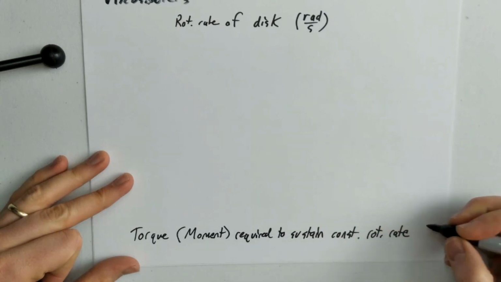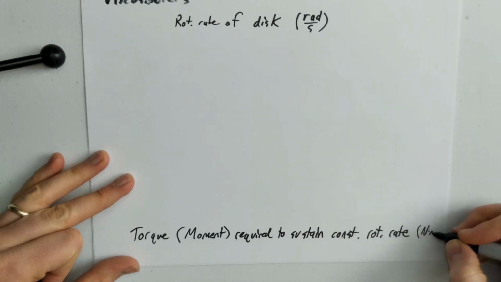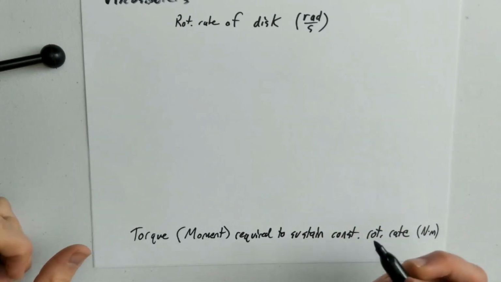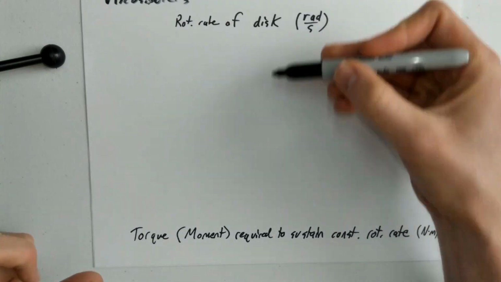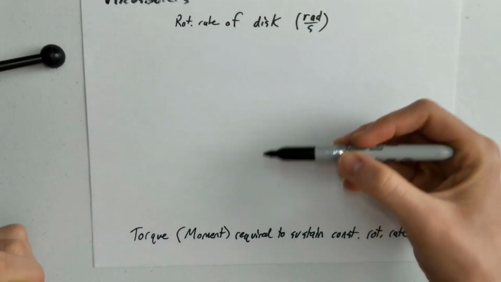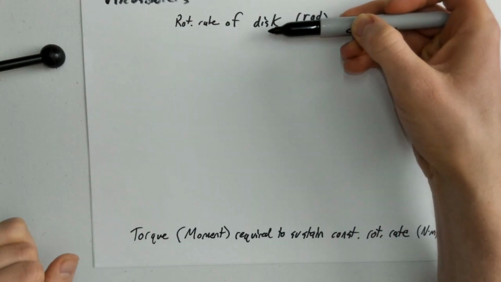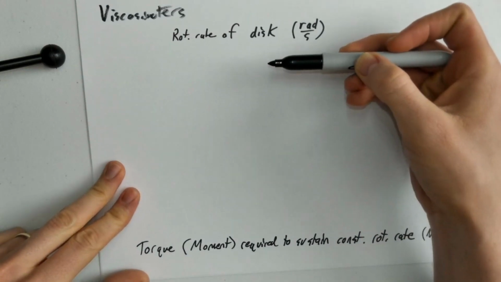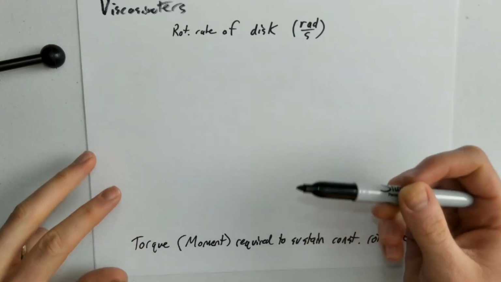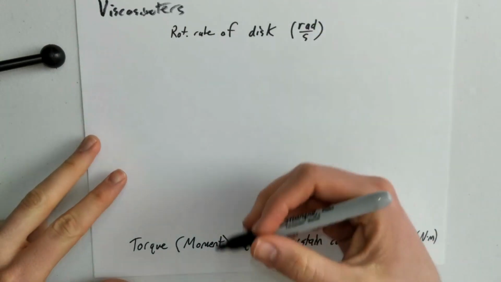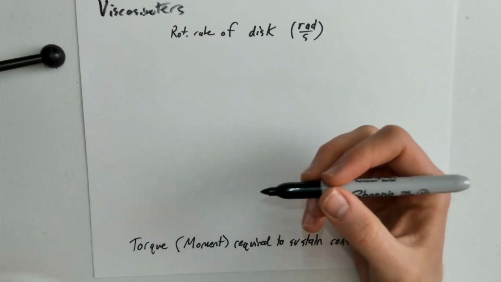Of course, this is going to have units of Newton meters, as torque does. So we're looking to use fluid mechanics and other reasoning to get some kind of relationship between these. But we can't necessarily jump straight from this to this. How is this all going to work out?